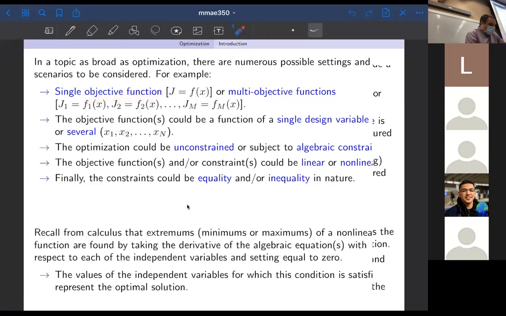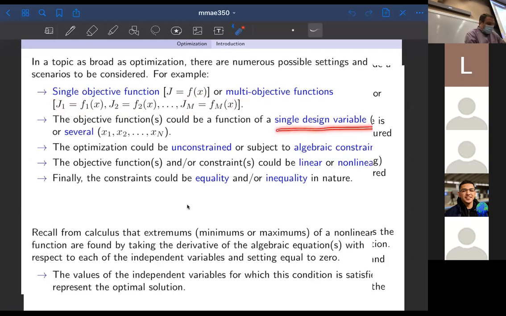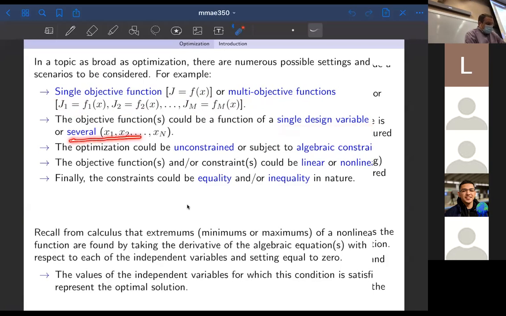We might just have one, so just a J, which is some function of x, or we might have multiple objective functions, J1, J2, through Jm. So we could have one objective function, we could have multiple objective functions, which are all functions of our design variable x. We could have a single design variable x, or we could have a whole bunch of design variables x1 through xn.